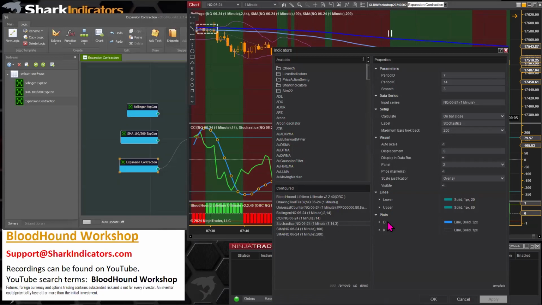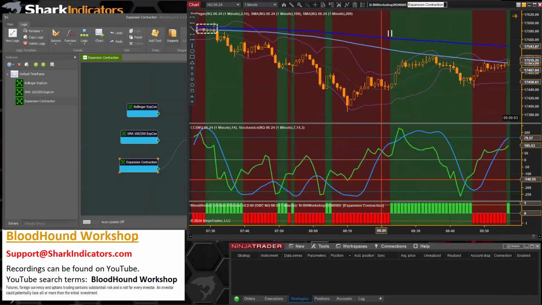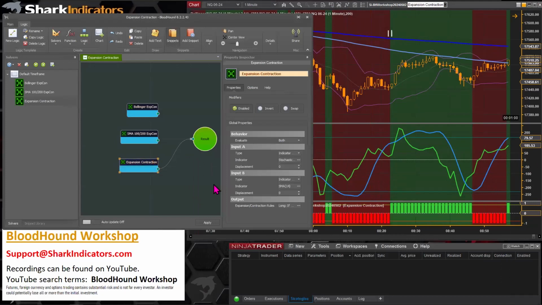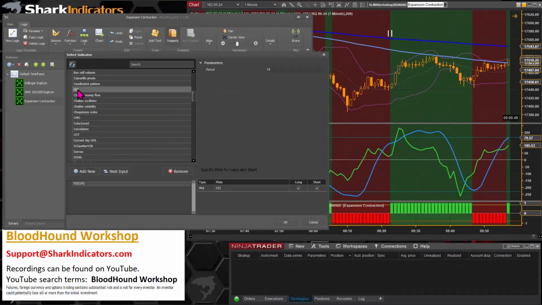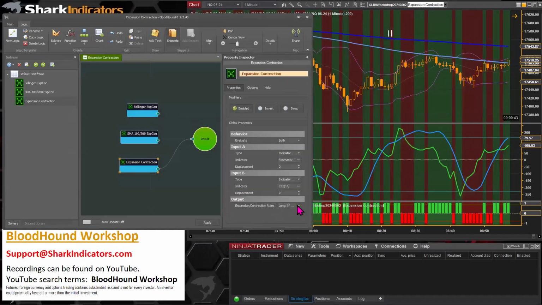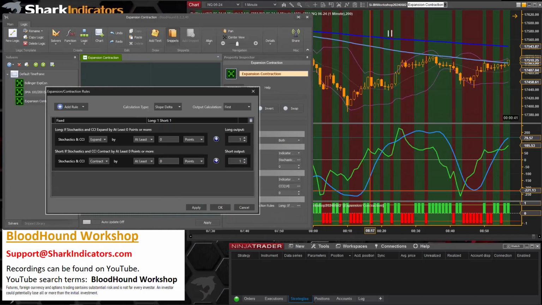Yeah, it is the %D that I have showing on the chart. All right, so input A is the stochastic. Input B, that will be our CCI. All right, CCI only has one plot. We're good to go. And so we can see off the bat that it is identifying some expansion and contraction. But whether it's mathematically always correct, that could be a totally different issue.